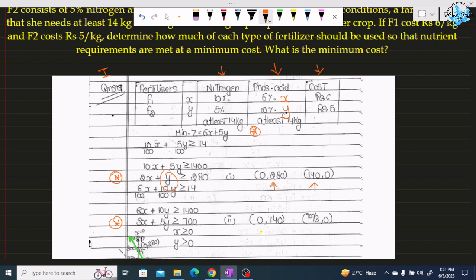Then for the second equation, first take x as 0, you will get y equals 700 upon 5, that is 140. Then consider y as 0, you will get x to be 700 upon 3. So these are your coordinates.